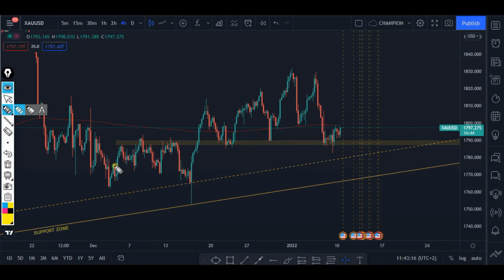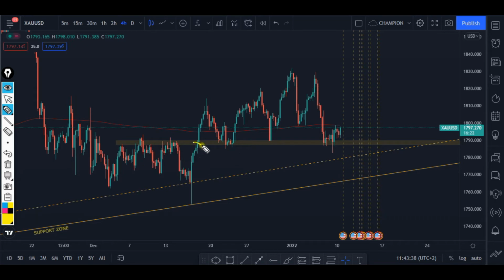Why am I saying previous resistance? The market hit the area here, went down, the market went up, hit the area, went down. It shows it was respecting it, tried again, went down. It clearly shows this was the resistance there.